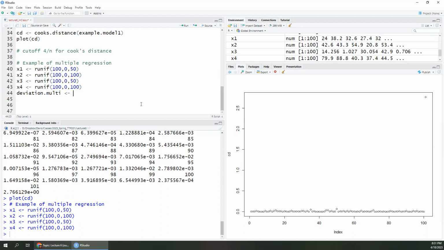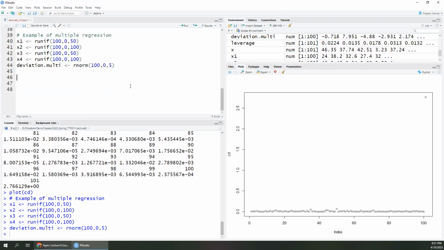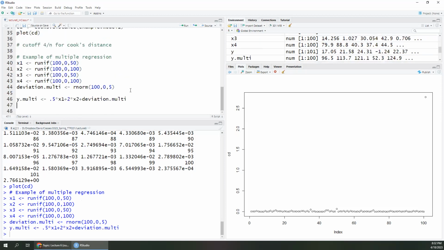And we'll have a different set of deviations or errors. Okay, so hopefully this is all fairly familiar territory at this point. We're going to generate a new set of data.